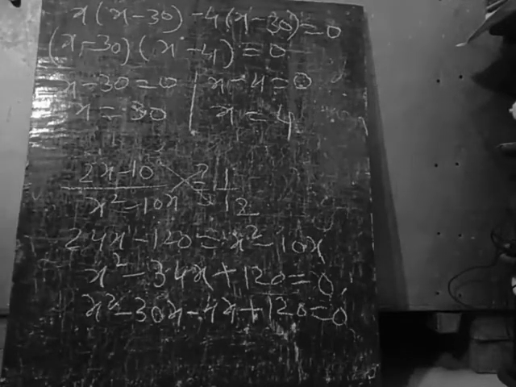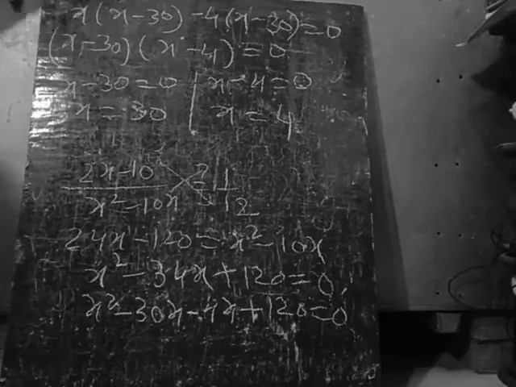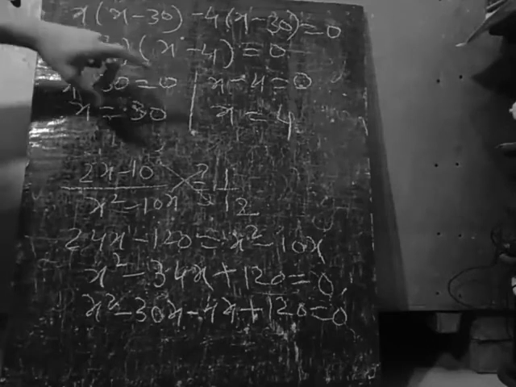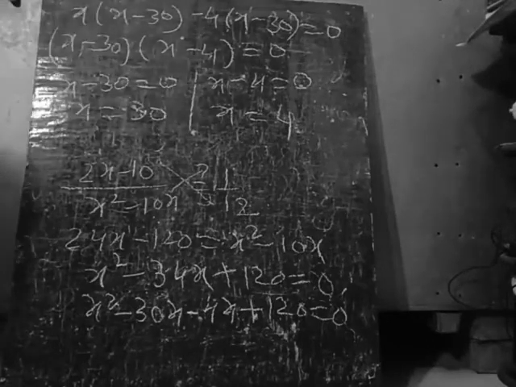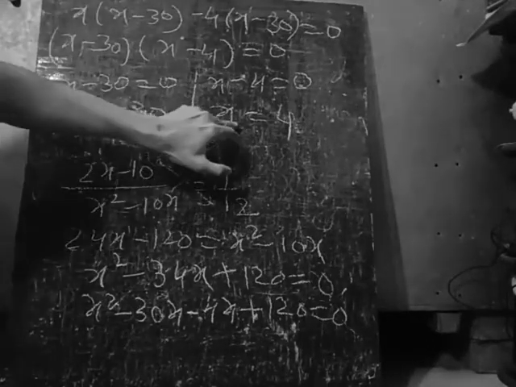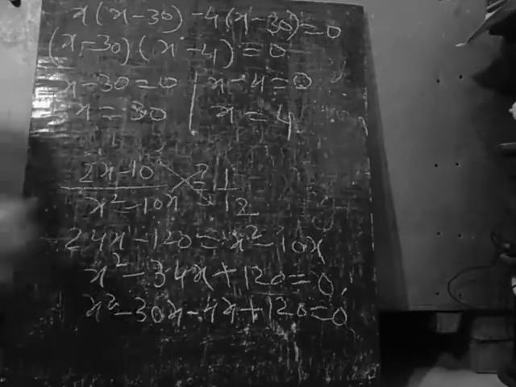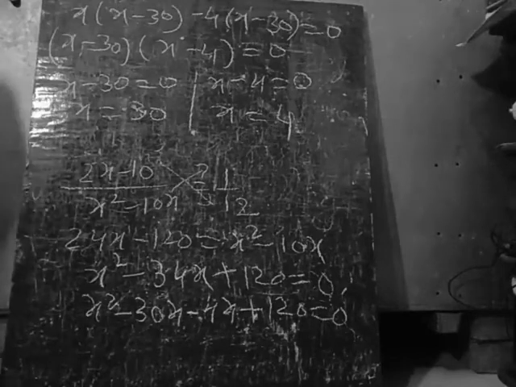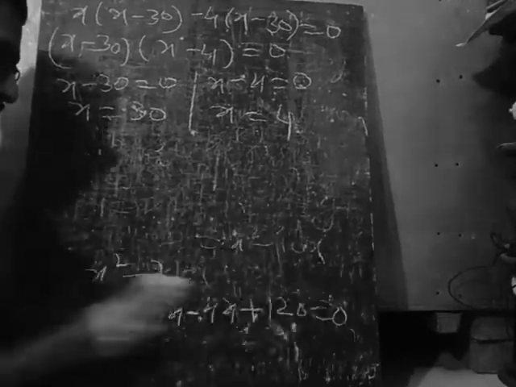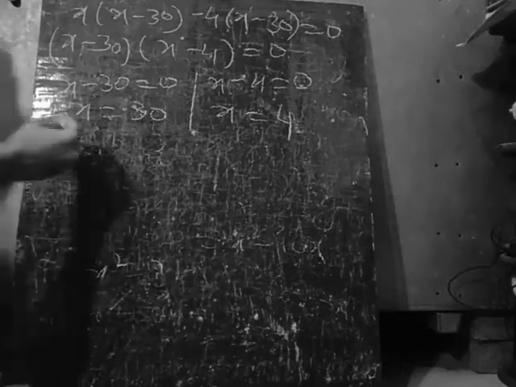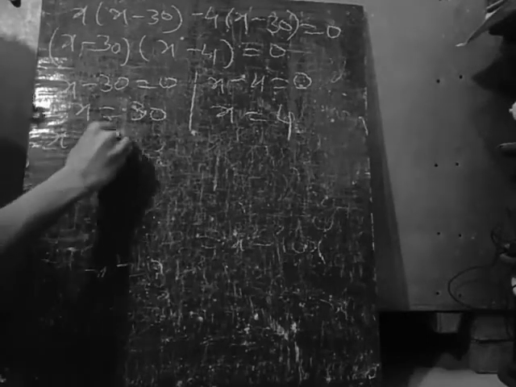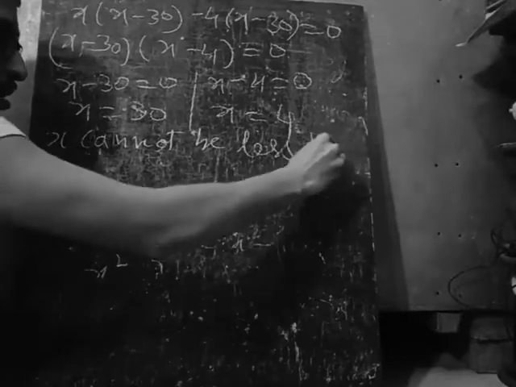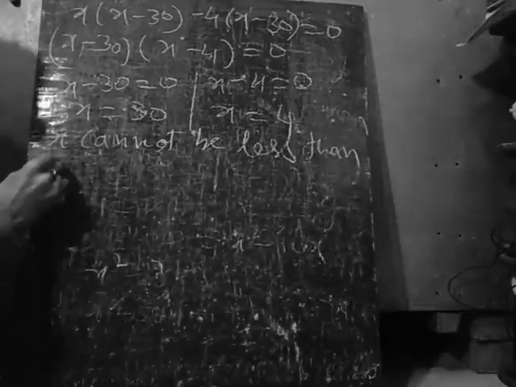But here the condition is given that A takes 10 days less than B. It means B completes the work in more than 10 days. So x cannot be equal to 4. x cannot be less than 10.